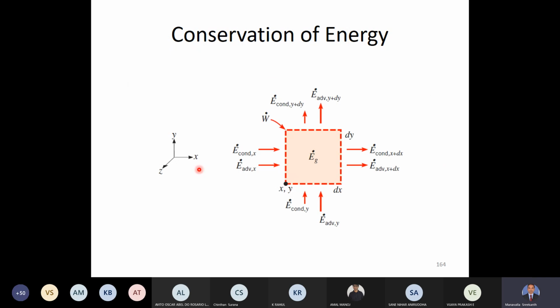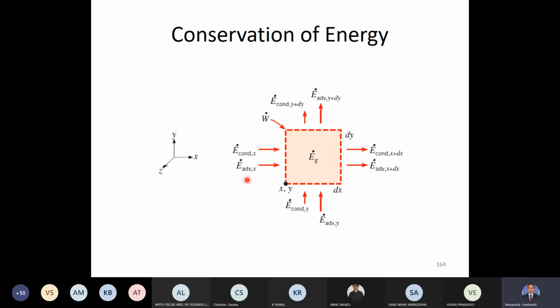And energy also comes into the picture when we talk about heat transfer. Whenever there are temperature gradients, there will be energy also. So you can see there is a control volume taken and there is some energy flow. E dot COND stands for energy transfer due to conduction. And E dot ADV stands for advection.